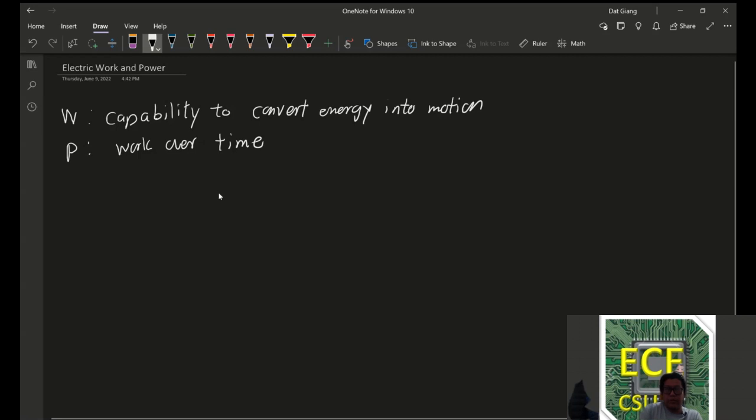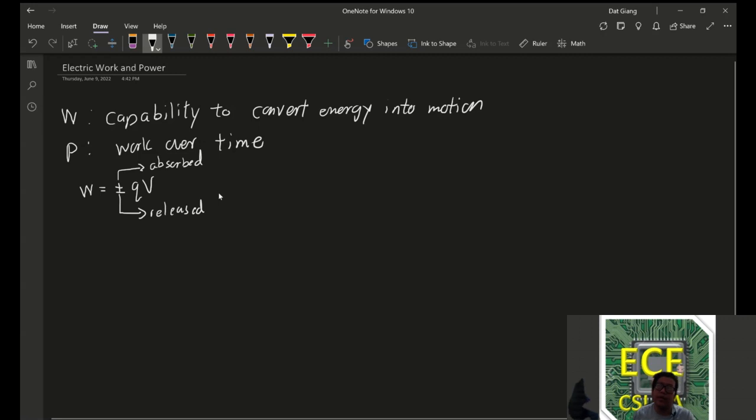Now, later on, we'll cover why this convention is the case, but work is formally denoted as plus minus QV. This is the charge times the potential. Now, why is this quantity plus or minus? First, plus means that we have work absorbed or work released.